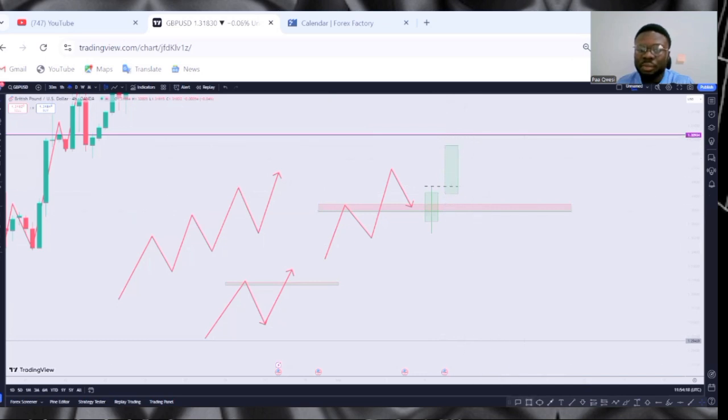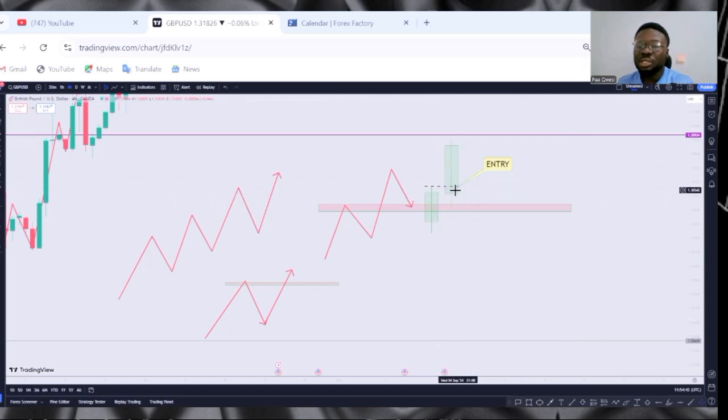When the next candle breaks above the previous candle tip, this is what I want to see. I'm going to take an entry. So this will be my breakout entry criteria. Okay, when the next candle breaks above the previous candle tip, I'm going to take a buy.